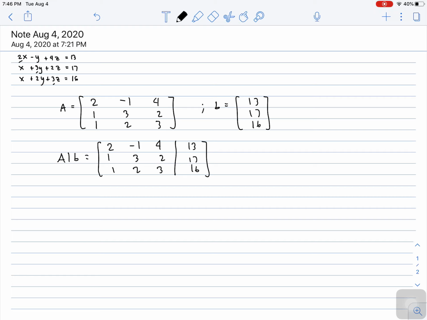So the first thing to do, since this is not 1, we're going to make it 1. Just simply divide R sub 1 by the value of the pivot, which is 2. This is now our new R sub 1.